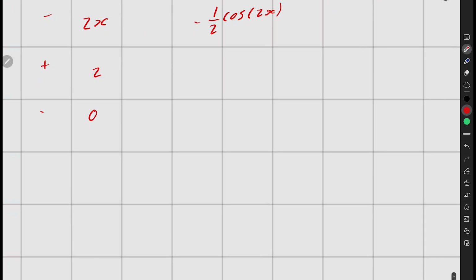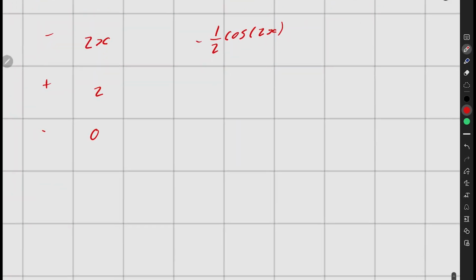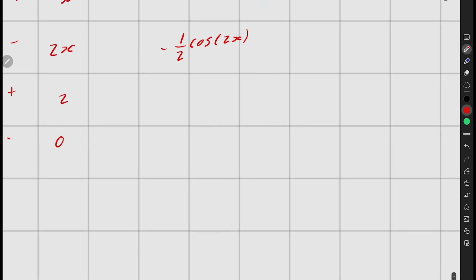Okay, so next up, we need to keep on integrating till we reach the same row where our derivative goes to 0. So integrating this again, we're going to get minus 1 over 4 sine of 2x. The reason it goes to 4 is because we're dividing, so you just multiply the denominators together.